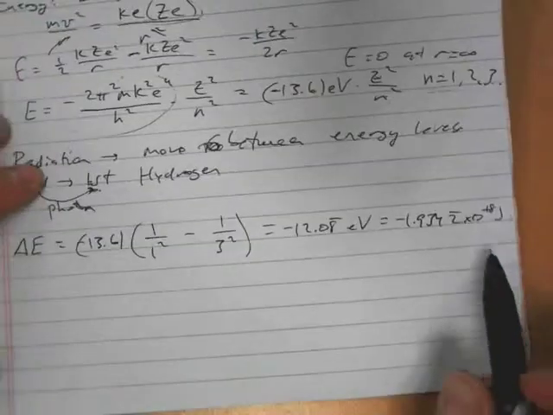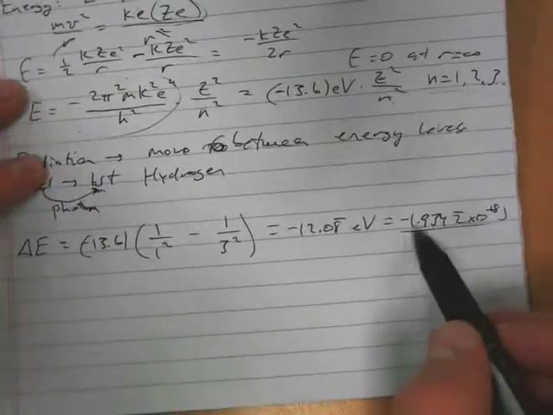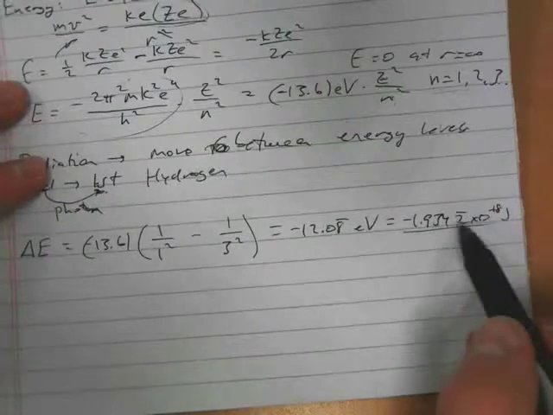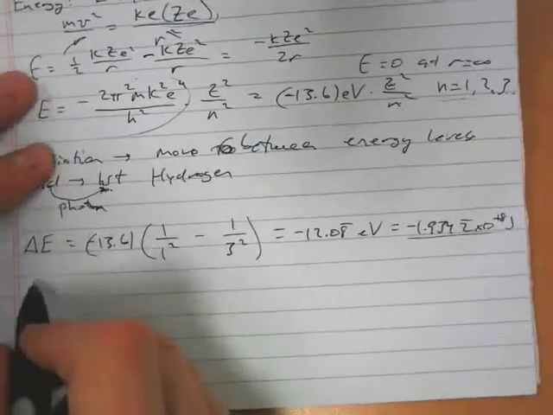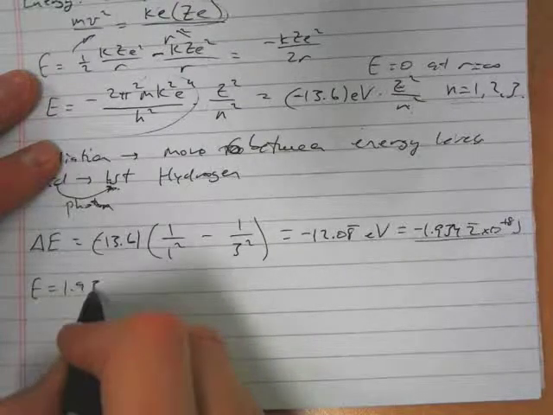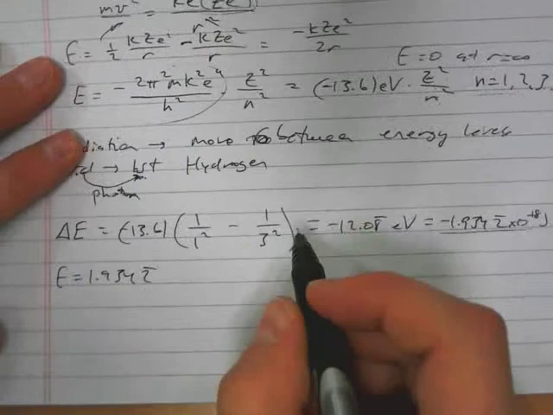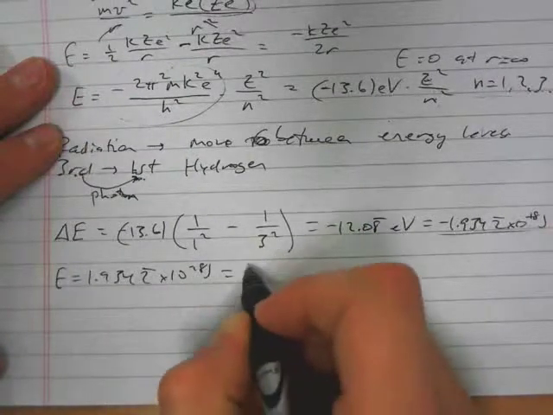So this is how much energy, the energy change of the electron, and so this energy has to go somewhere. So if the electron is losing this much energy, that means that there's a photon floating around that has 1.9342 times 10 to the minus 18th joules of energy in the form of a photon.